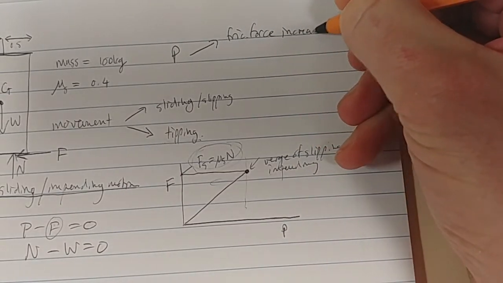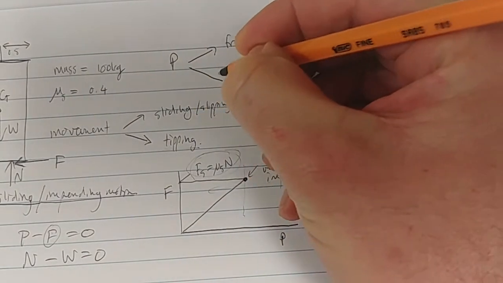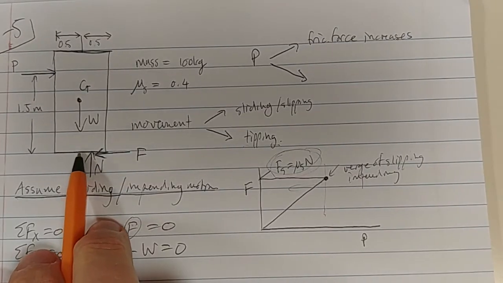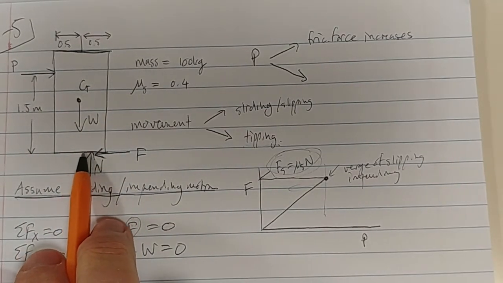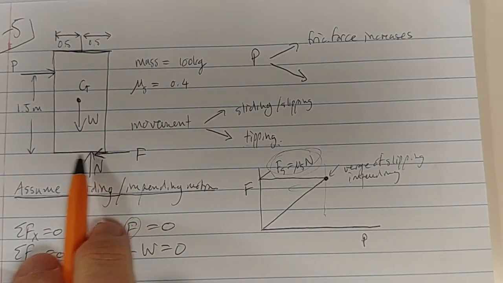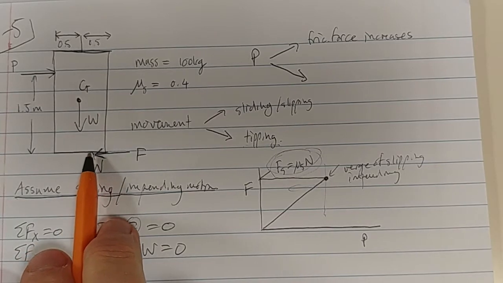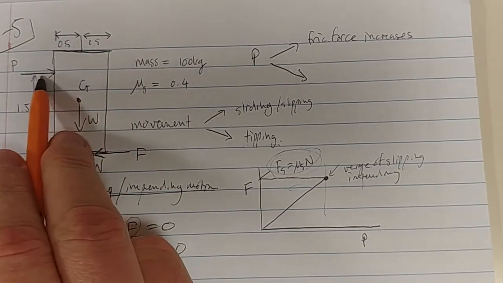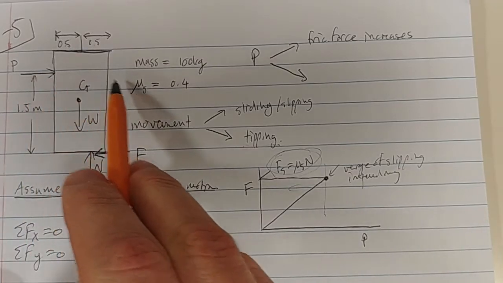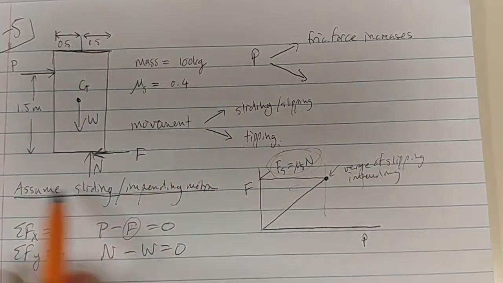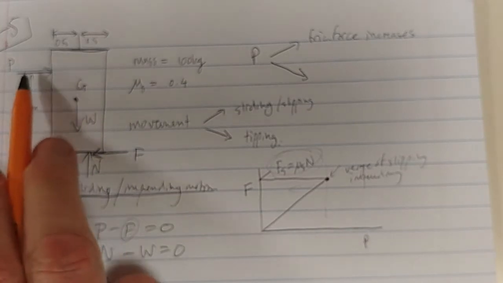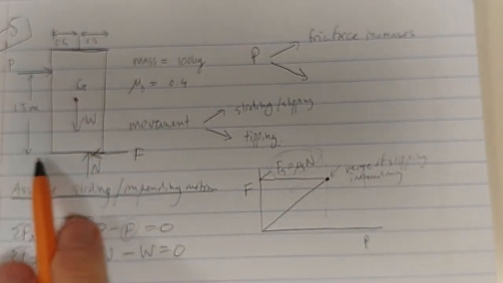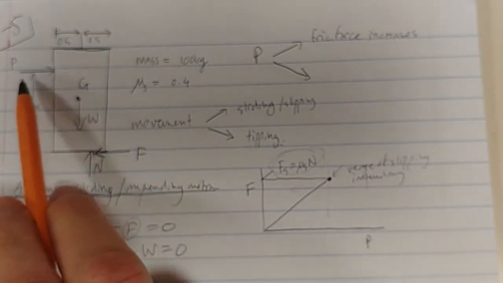And the other one, at the same time, the normal force, which was at the center of this crate, moves to that side. Remember that normal force is moving because as that P is increasing, it's increasing the moment in order to want to tip this. So as that P is increasing, the normal force is moving to the right to counteract the moment caused by that P.